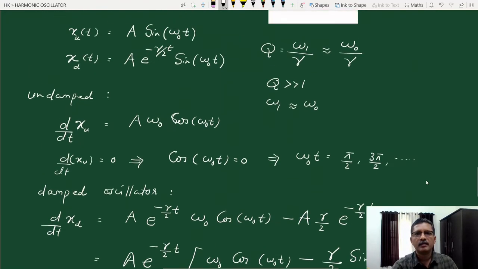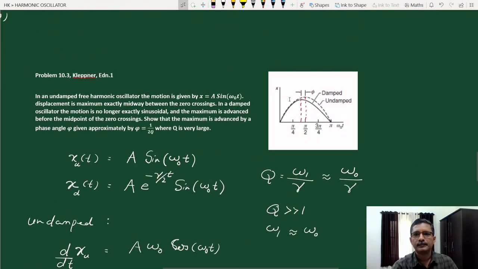From this figure, we know that the point at which the undamped oscillator becomes maximum is very close to the maximum of the damped oscillator, and this angle here is slightly less than pi by 2. Okay, let's take the difference as phi.